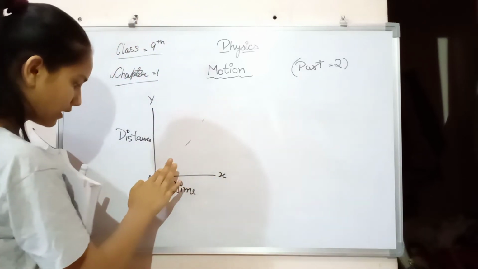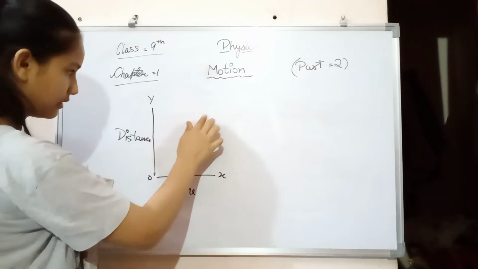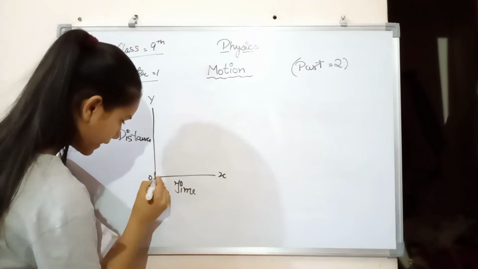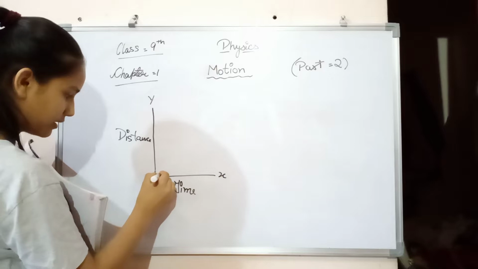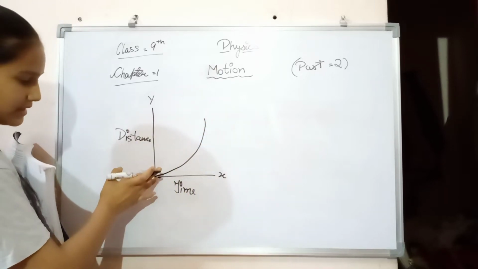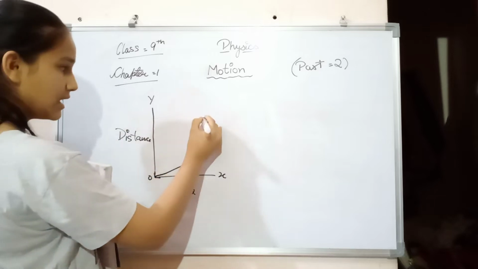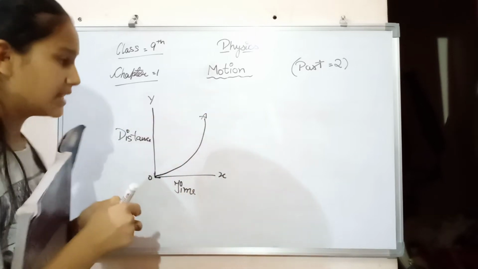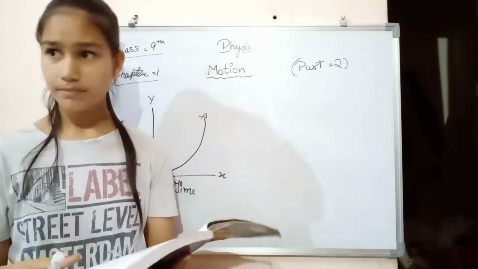So when the graph has a curved line, this means the motion is not uniform.